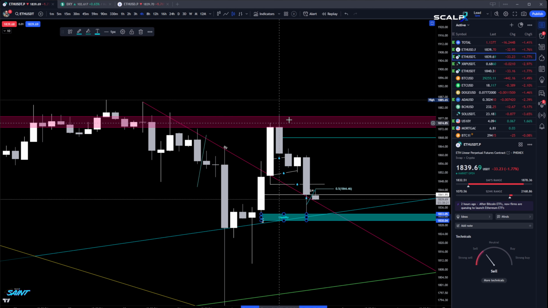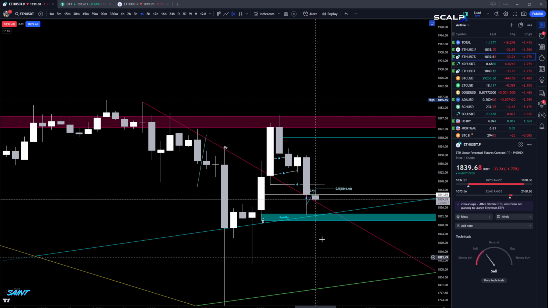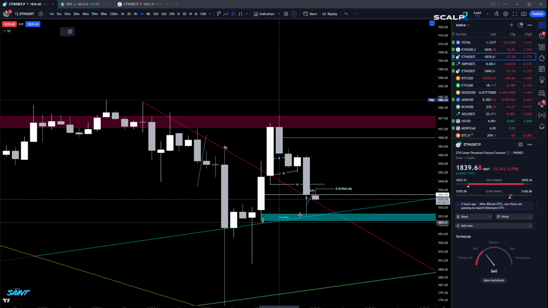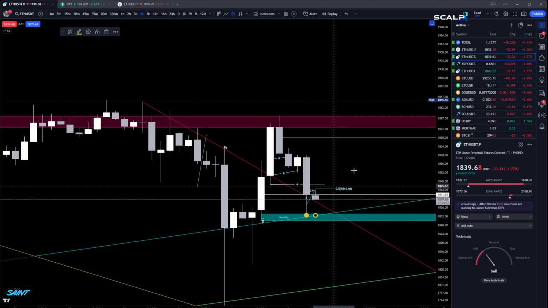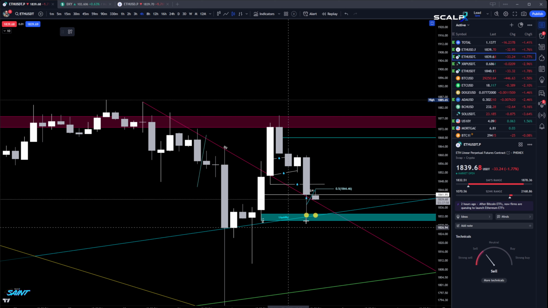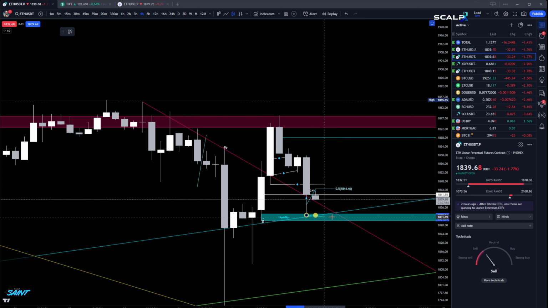Push up, that's fine. And now we have our pullback, just determining if this was our pullback, or if we have another pullback, which would be a similar area, that would create an equal low on a 4-hour.